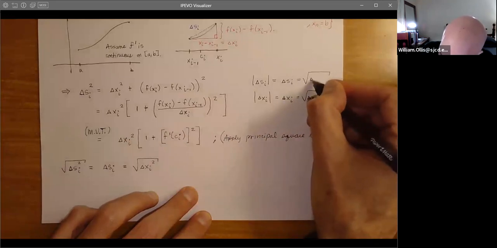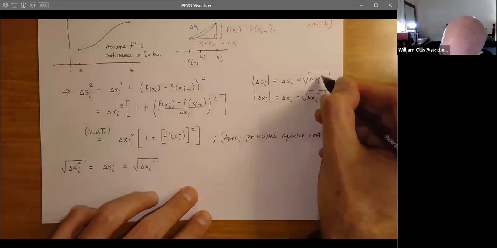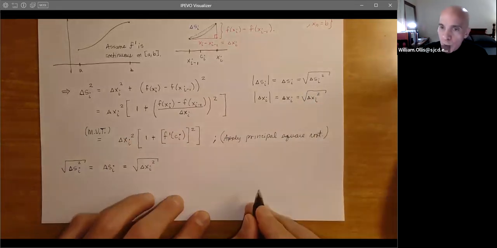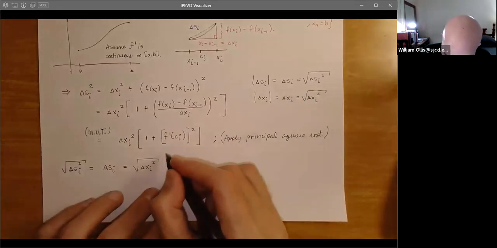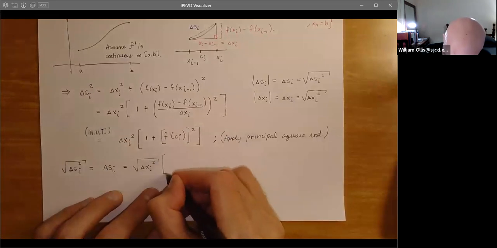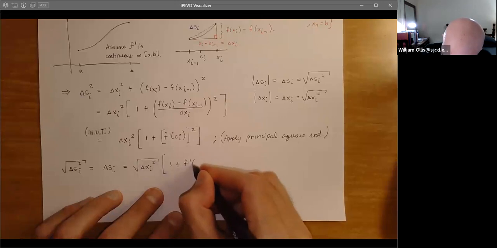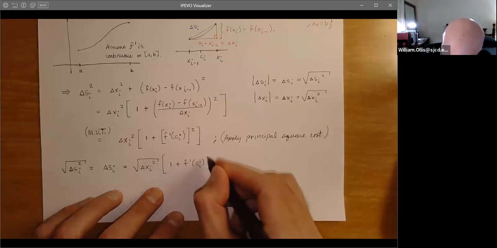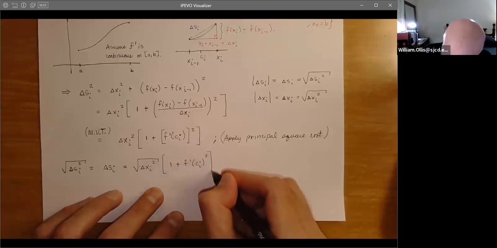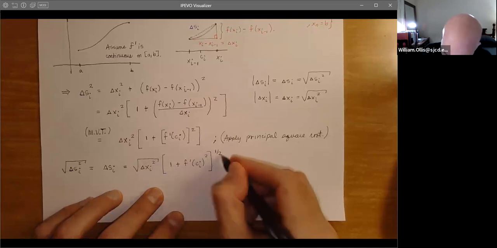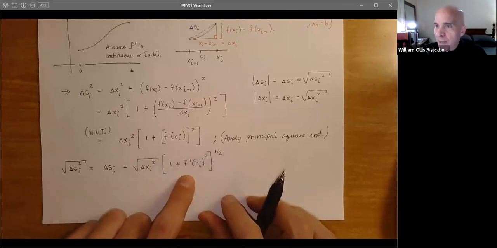I mean, this is easy, but sometimes it's good just to remind yourself what you're doing. And then, of course, here, I'll use the brackets. We get 1 plus f prime c sub i squared to the 1/2. And that we can't really reduce. That's the kind of thorn in our side here.